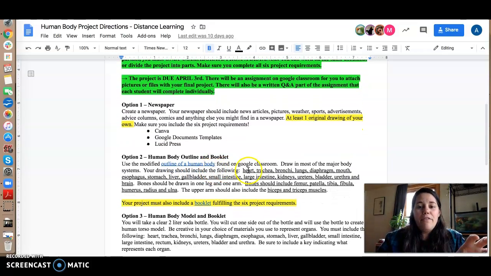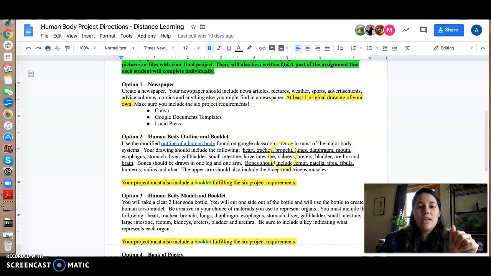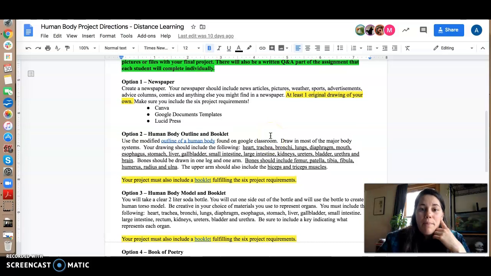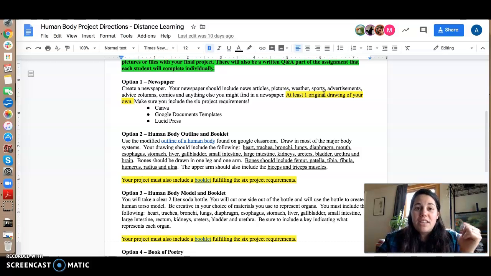So if you take a look here, it tells us more details about each of the projects. For the newspaper, you could include news articles, pictures, weather, sports, advertisements, advice columns. Again, it's like you are using all of your creativity here. If you just want to write news articles, go for it.